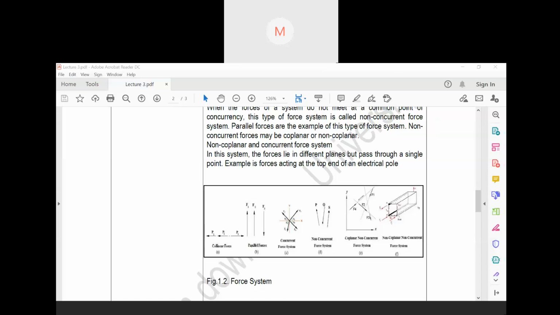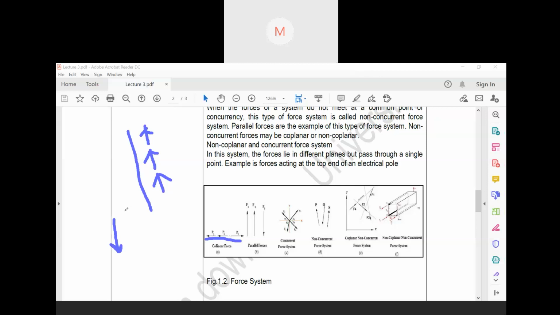Collinear forces means they all lie on the same line. If one force is applied here, then in the same line there is another force, and after this another force is applied. This is lying in the same line, so this is known as collinear force.